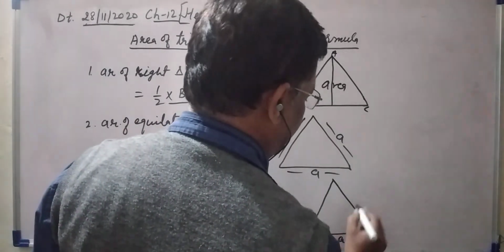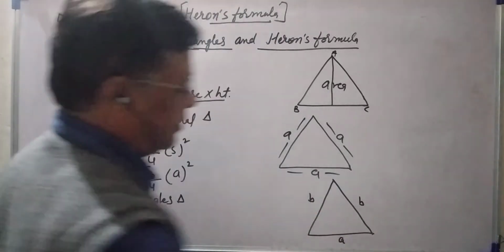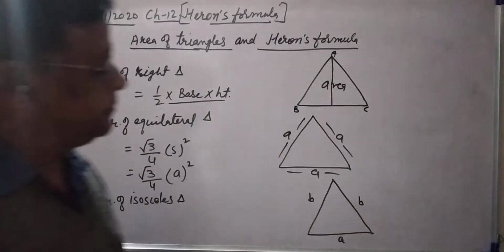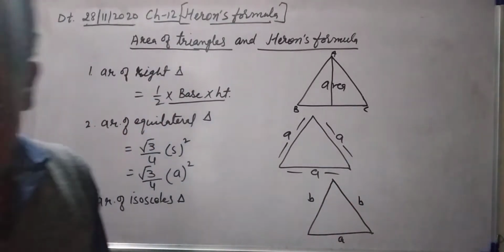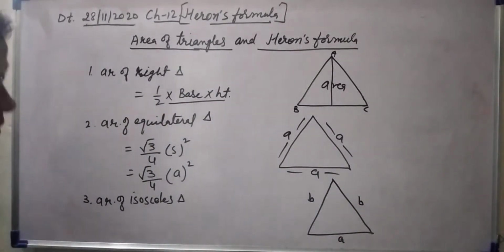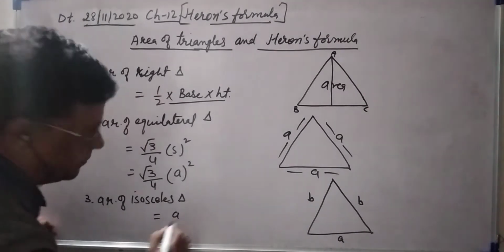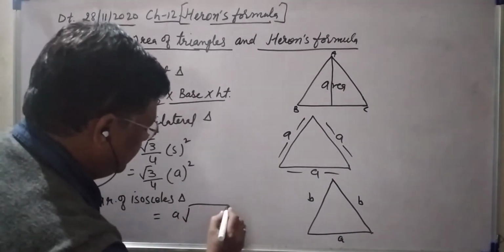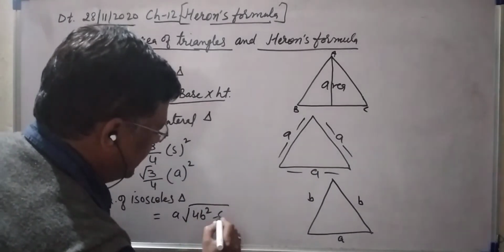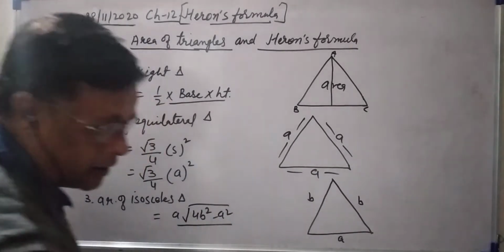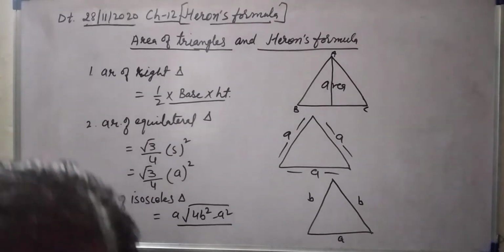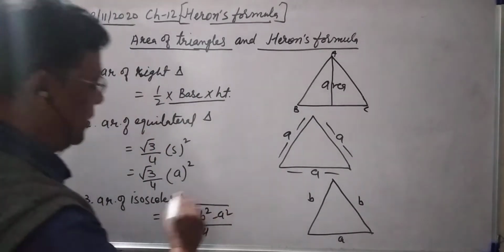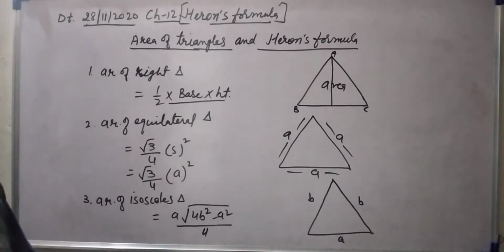Suppose this is the base and this is the equal side B. We have a triangle in which the equal sides are B and the base of the triangle is A. So the area of the triangle is A upon 4 into root of 4B square minus A square. That is how we can find the area of an isosceles triangle.